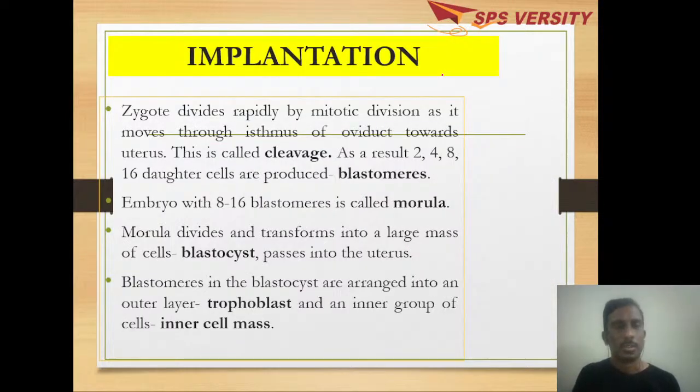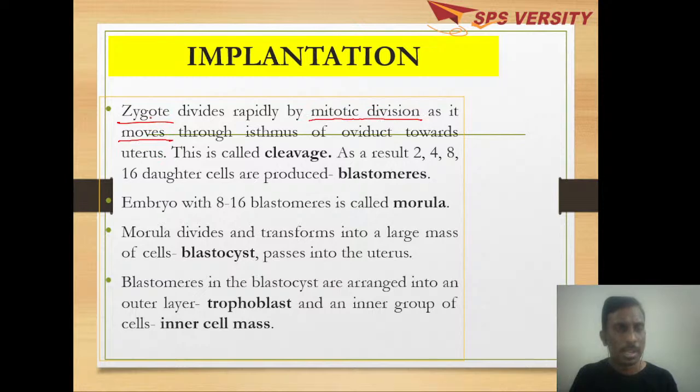Okay, so now fertilization is done and the zygote is formed at the ampullary isthmic junction of the fallopian tube. So what happens to the zygote? The zygote will start mitotic division, and simultaneously it will move.